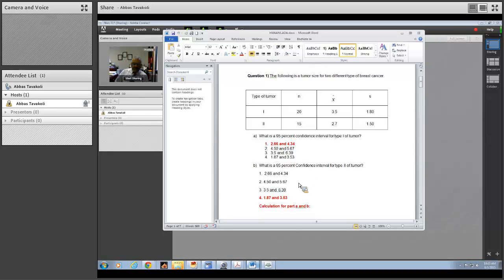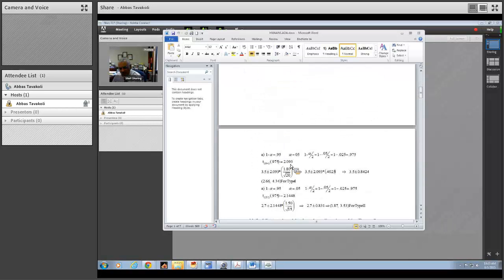Basically, that's the way you calculate the type 1 confidence interval. Our alpha is 0.05, so 1 minus alpha is 0.95, and then 1 minus alpha over 2 gives you 0.975.